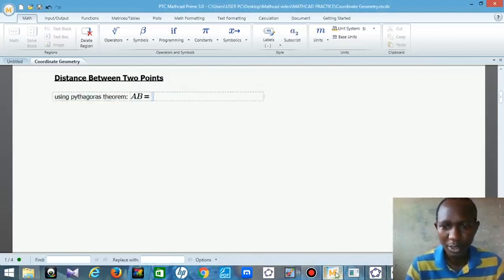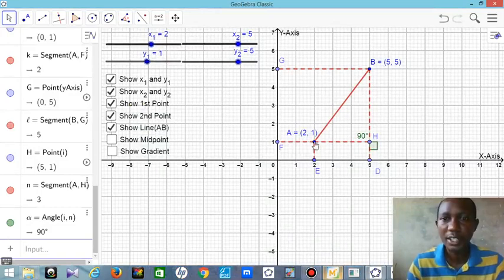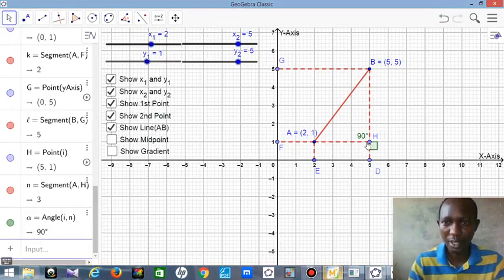If you look at this, let me show you the triangle again. The hypotenuse, anywhere 90 is facing, is the hypotenuse. So AB is the hypotenuse. Pythagoras theorem says the square of the hypotenuse will be equal to the sum of squares of the other two sides.